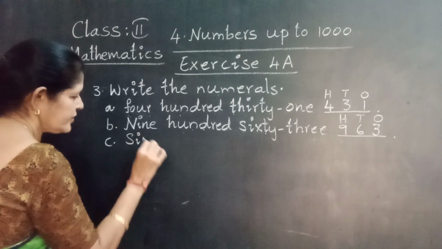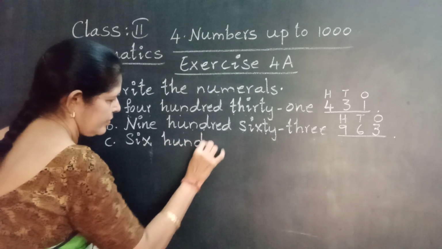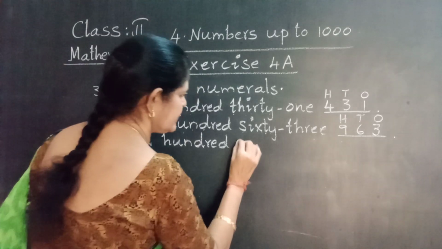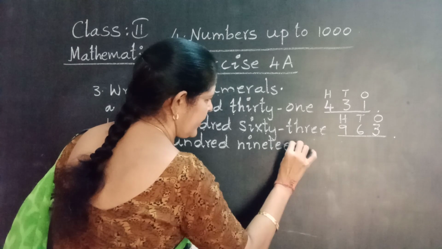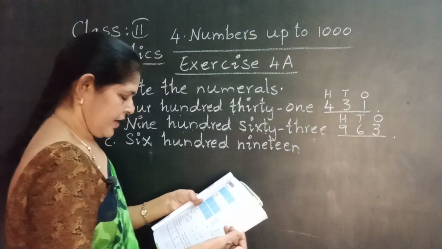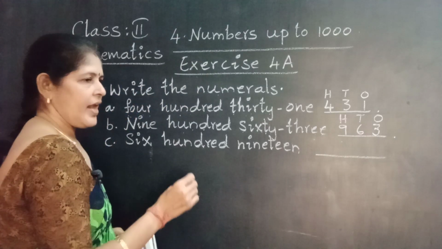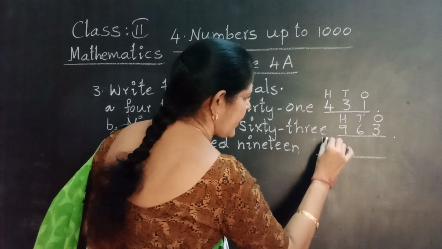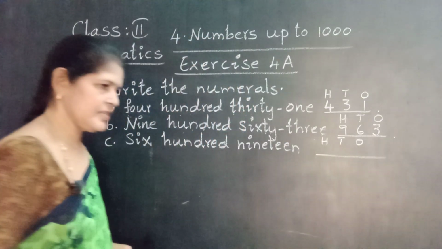Come on, read the words. Six hundred, very good. Continue, Nana. Six hundred nineteen. This number also goes to a 3-digit number. Put the columns, places: hundreds, tens, ones.